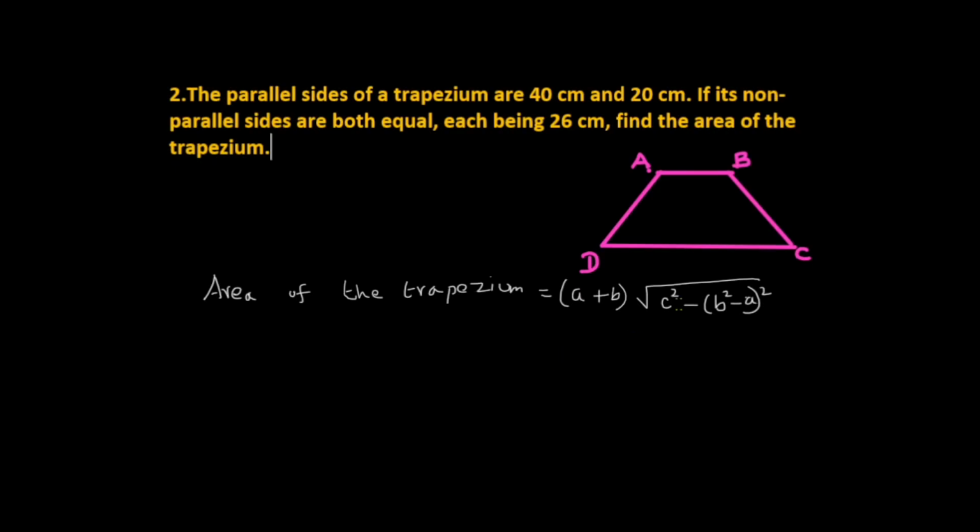This is another formula. When we are using this formula, we need not find the height, directly we can substitute. But we must know what our a, b, c are.